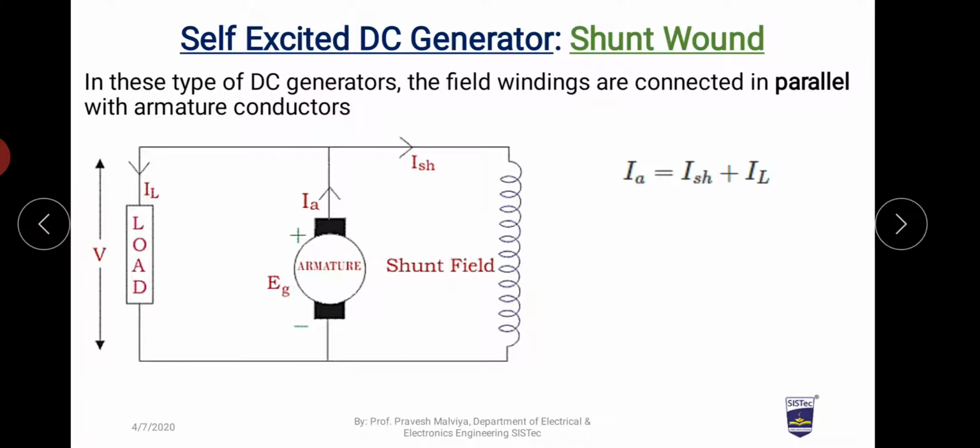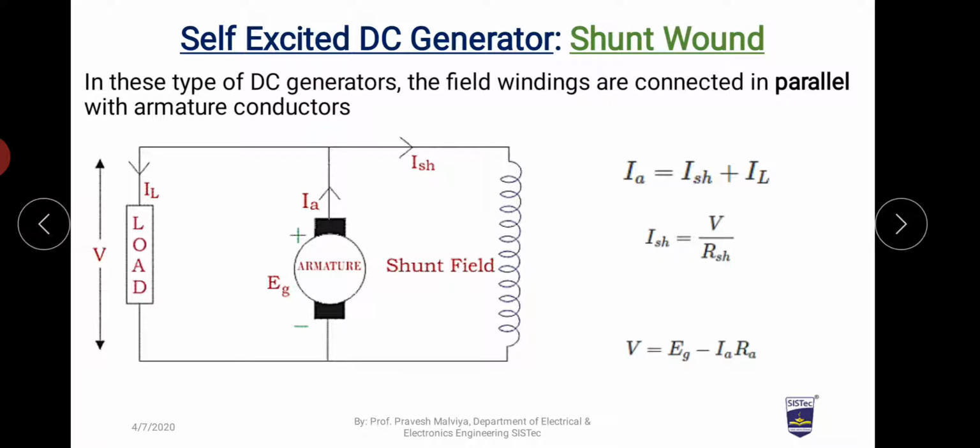According to KCL, the armature current is equal to the field current plus the load current. This is the armature current Ia, this is the field current, and this is the load current.